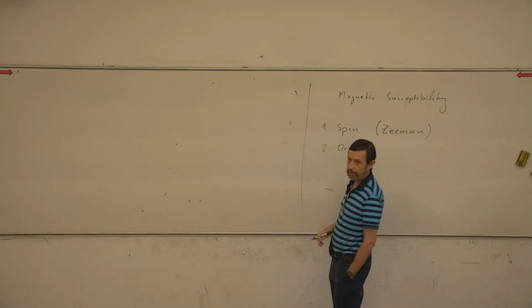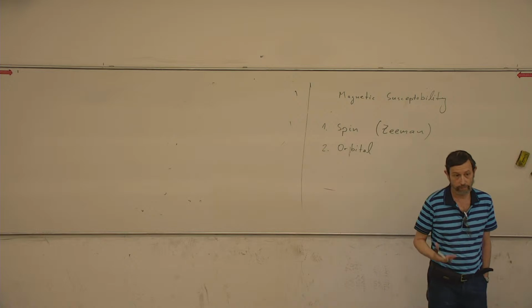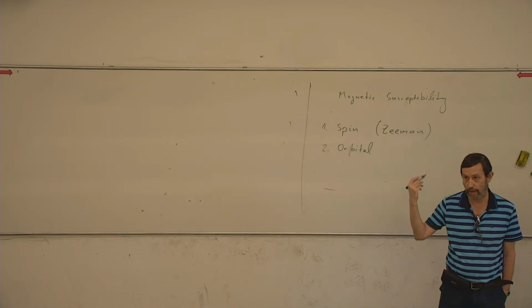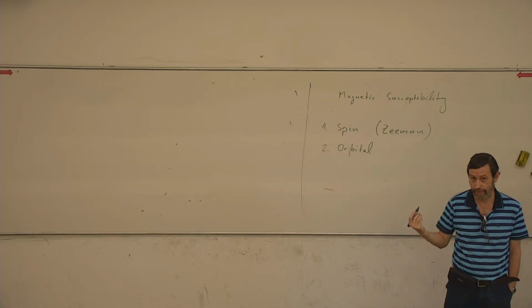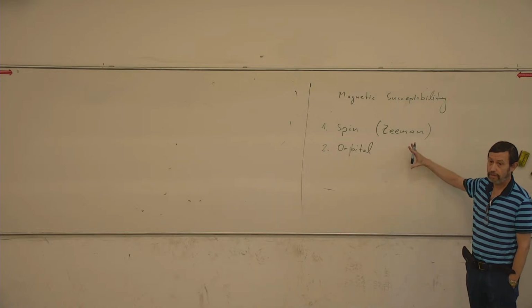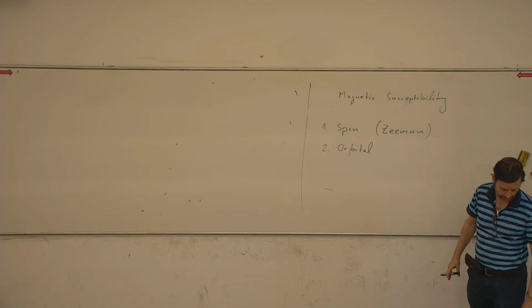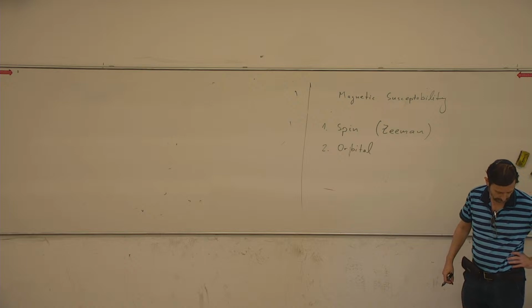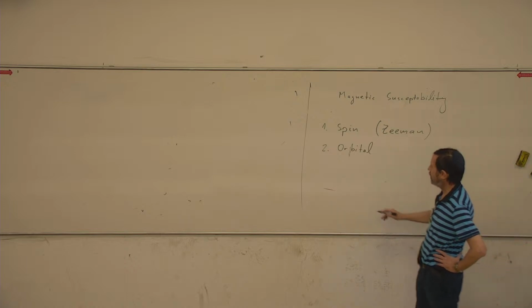And we have orbital effects coming from the fact that the electron movement exists due to the magnetic field. Okay, let's start with spin.